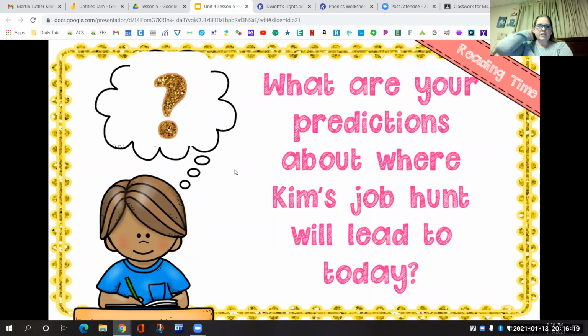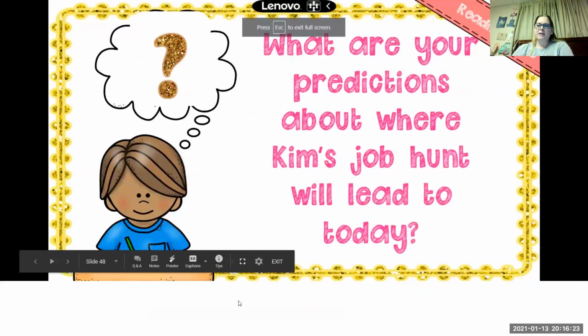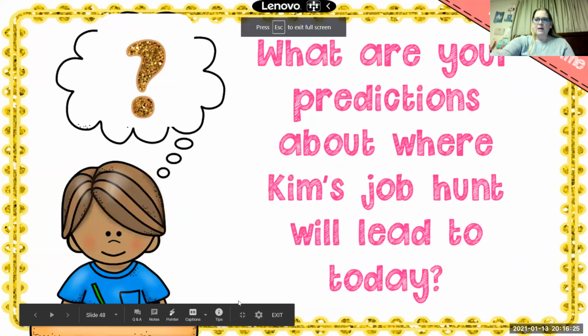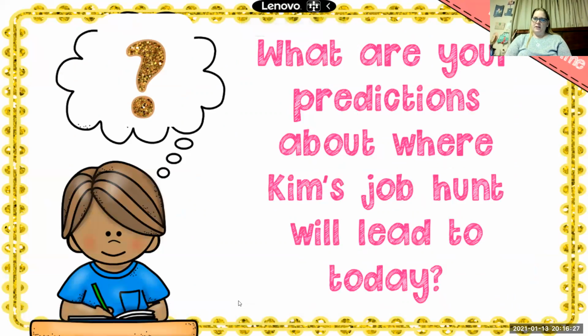So, what I want you to do before we read is make a prediction. I want you to make a very good guess about what you think is going to happen. Where is Kim's job hunt going to lead her to today? Make a prediction. Tell someone who's near you, or you can just pause the video and tell me, and then just hit play when you're ready.